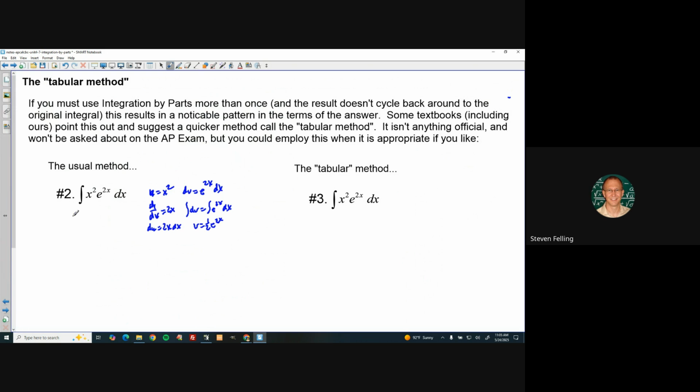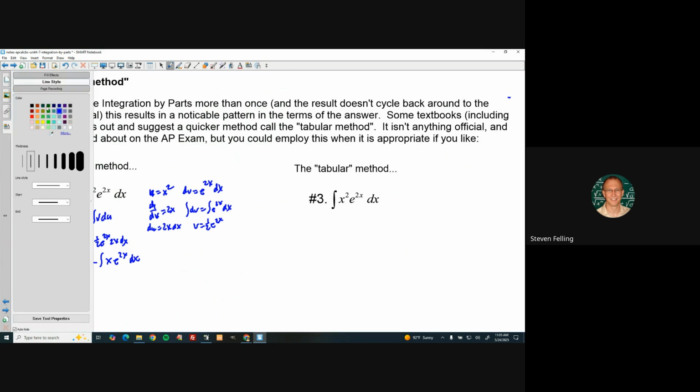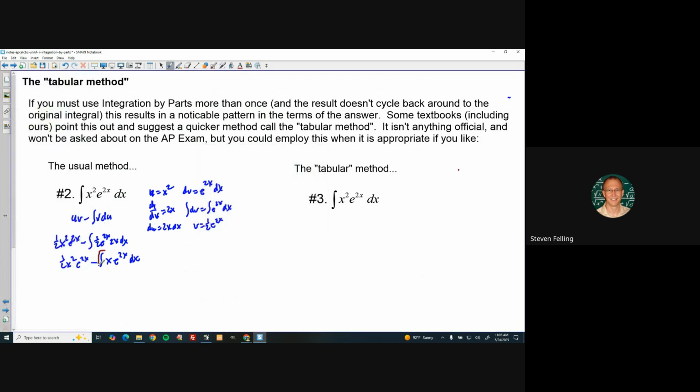And then I can substitute into uv minus integral v du, and then the u will be x squared times 1/2 e to the 2x minus integral of v, which is 1/2 e to the 2x, dx for the du. That simplifies to, that cancels to a 1, so now we have minus the integral of x e to the 2x, which worked because it got simpler, but it isn't simpler enough, so we're going to have to do integration by parts again on this part.